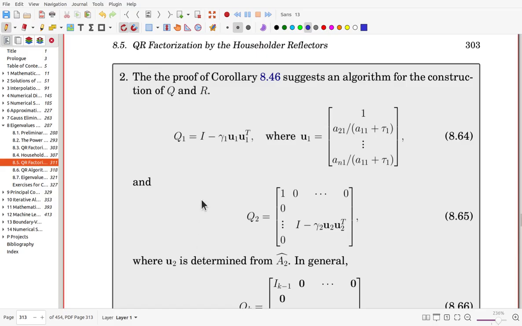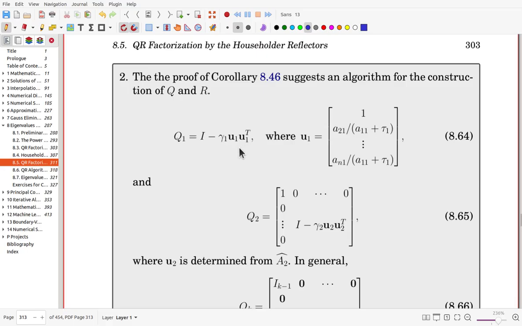The proof of corollary 8.46 suggests an algorithm for the construction of Q and R. We start with the first column. So Q1 is formulated in this way: identity minus gamma 1, u1, u1 transpose.